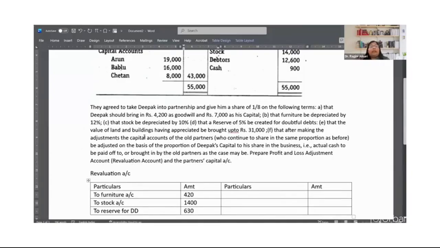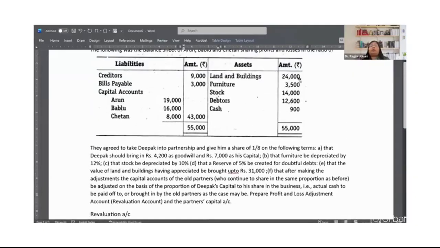Then it says value of land and building having appreciated be brought up to 31,000. Earlier the value was 24,000. So how much now?